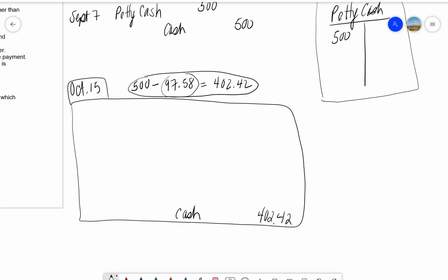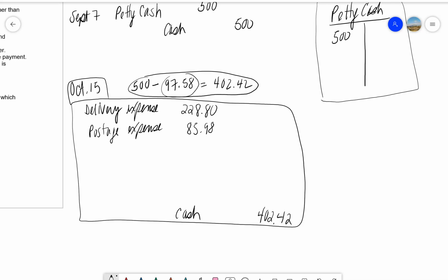Well, that's where we record all the expenses. We're going to record our delivery expense. So if you look at the question, we had delivery expense of $228.80. Then we had postage expense. And once again, that amount was $85.98.